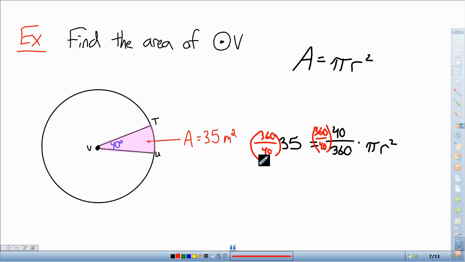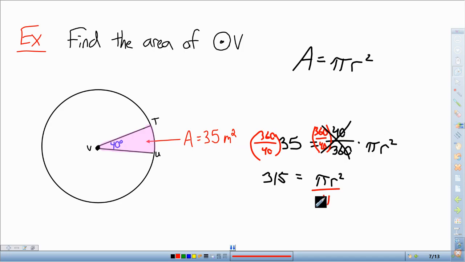So 35 times 360 divided by 40, I'm getting 315. Okay, over on the right, these cancel out if you want to cross them out, and I'm left with the pi r squared. Okay, and basically what we have now is a problem just like that example we did towards the beginning. We're just solving for r, and we have to get rid of these two things.